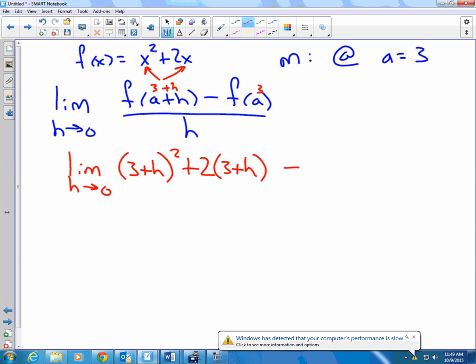Minus, what do you get if you plug in 3? 15. So now I'm doing the f of a part, and I get 15. All divided by h. Go ahead and work out the algebra.